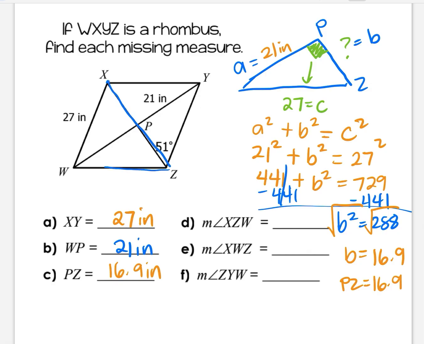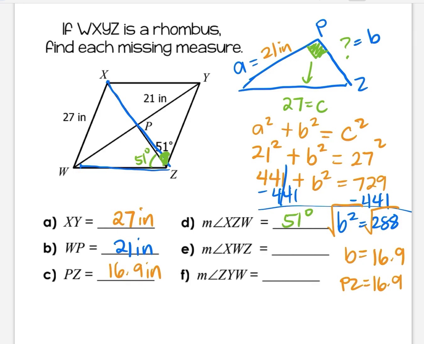In a rhombus, the diagonals bisect opposite angles. So that means that if this angle here is 51, then therefore this angle will also be 51 degrees. So the measure of angle XZW is 51 degrees.